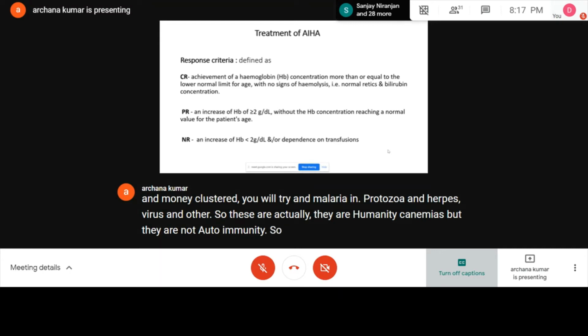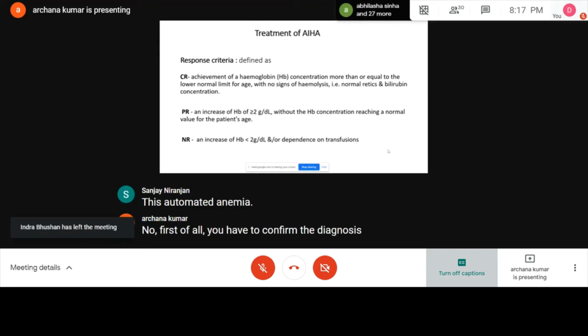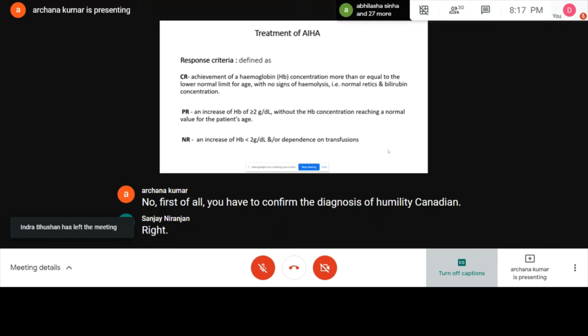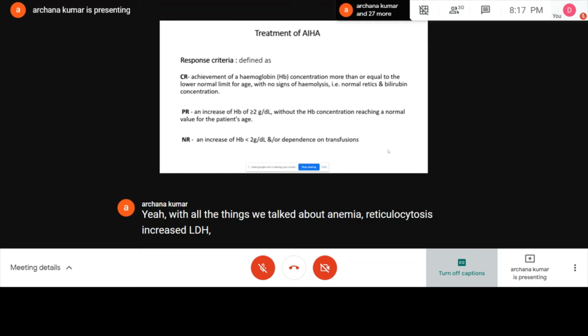Madam, having made the diagnosis by exclusion, can I conclude that if we have normocytic normochromic anemia, then we do retic count, spherocytes, and direct Coombs test? Can this algorithm diagnose autoimmune hemolytic anemia? First of all, you have to confirm the diagnosis of hemolytic anemia, with all the things we talked about: anemia, reticulocytosis, increased LDH, indirect hyperbilirubinemia, low haptoglobin, and maybe hemoglobinuria, which may or may not be there.